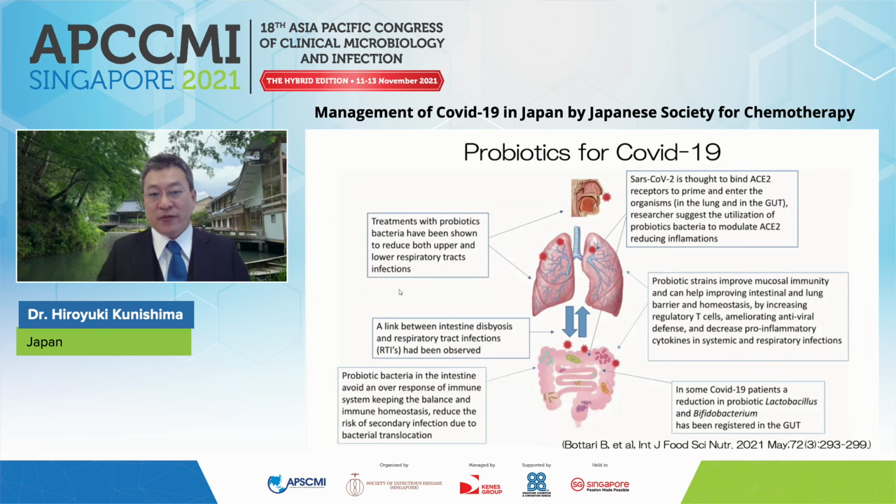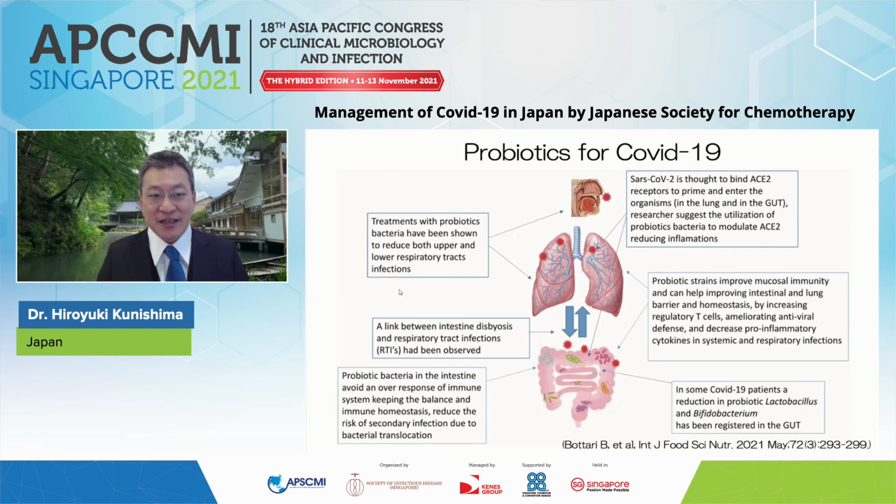Currently, the global probiotics market is expanding. Probiotics are widely used in Japan for Clostridioides difficile infections. Recent studies have shown that one of the benefits of probiotics is its anti-inflammatory properties.